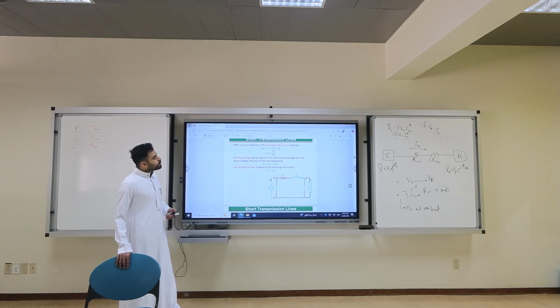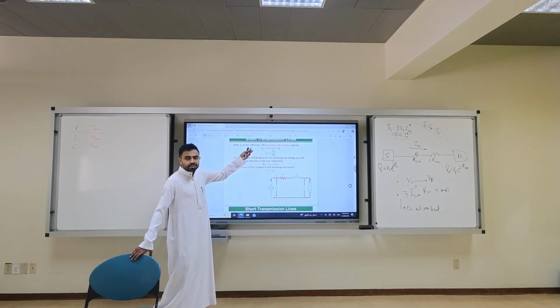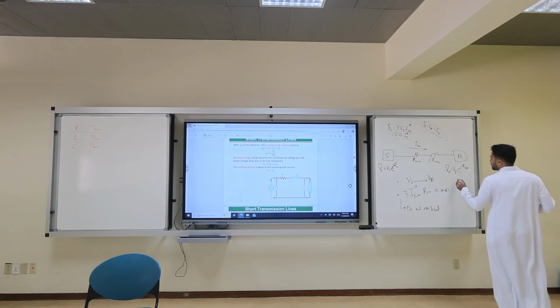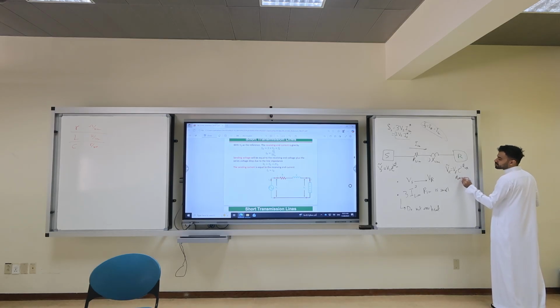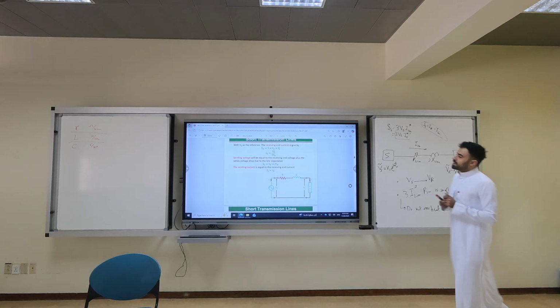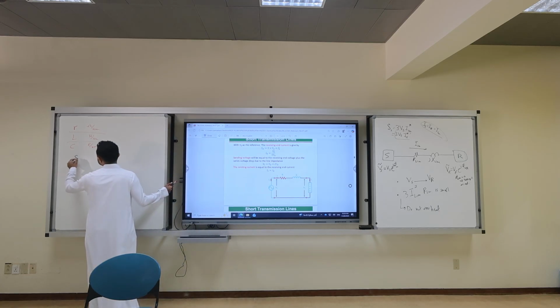And if you take VR as the reference, why do I take it as a reference? It means I set theta VR to be 0. If I calculate the complex power, SR equals 3 VR IR conjugate.